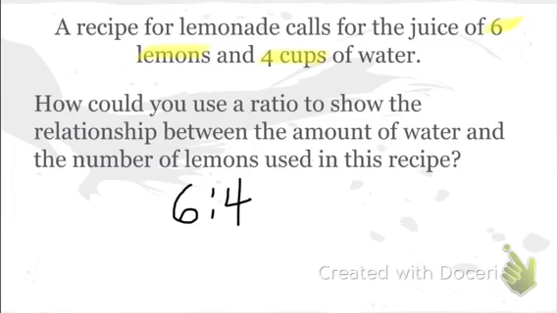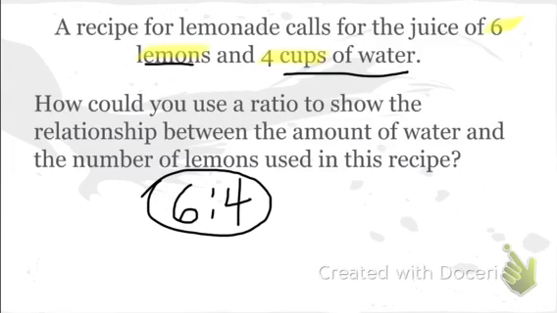But I guess they're different things, but they're more similar than lemons and cups of water. But this 6 to 4 ratio, 6 lemons to 4 cups of water, could be used to make any number of different quantities of lemonade.